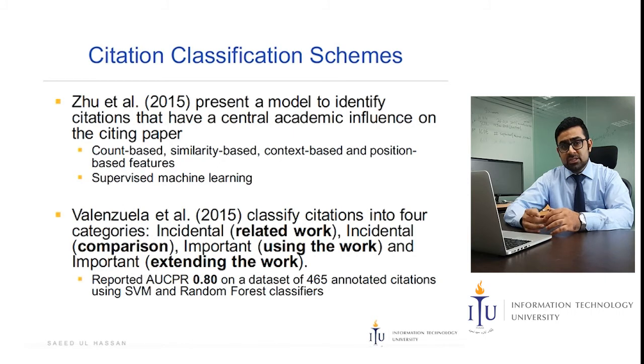And if the citation has been used to extend a work or actually utilizes a model from an existing work, then it would be an important work. On a certain data set, they report their area under the curve precision recall about 0.8, which is quite encouraging for this kind of work using SVM and random forest models.